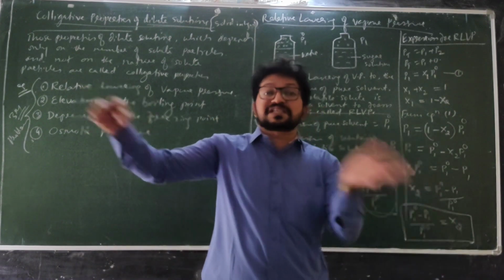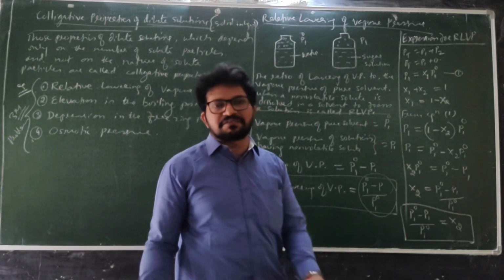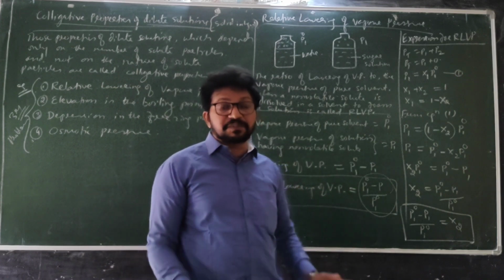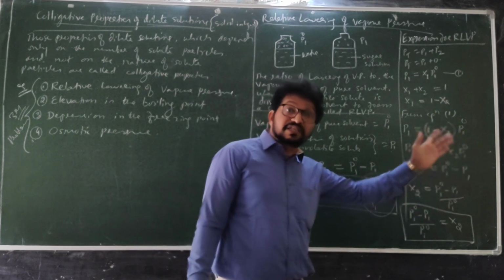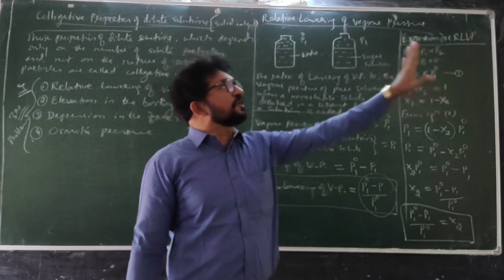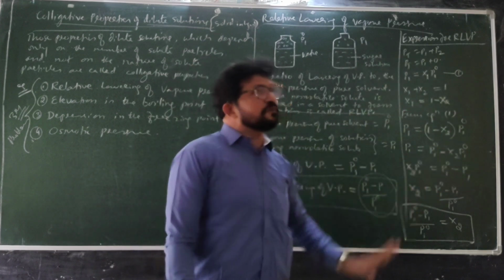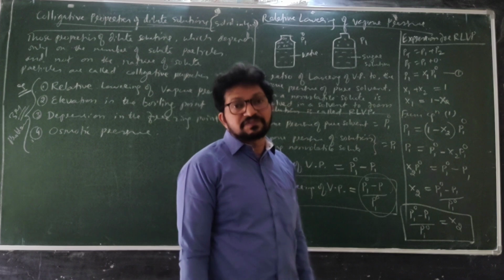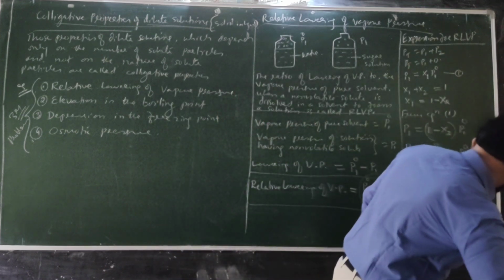Walker's experiment is there, but that is not in the syllabus now; in the old syllabus it was there. But without experiment, with the help of Raoult's law, you can find the relative lowering of vapor pressure, because it is equal to the mole fraction. You know the vapor pressure of pure solvent, then you will find the vapor pressure of the solution.